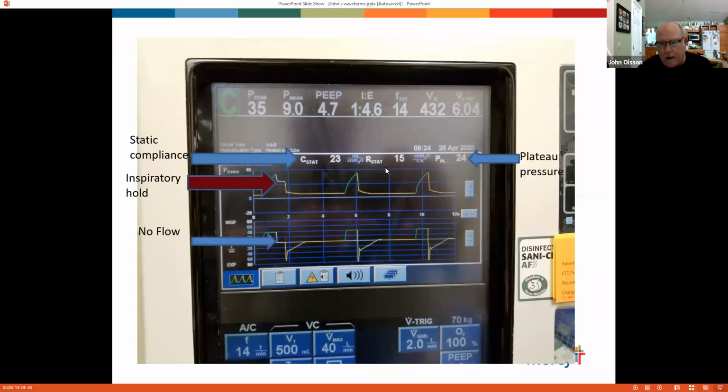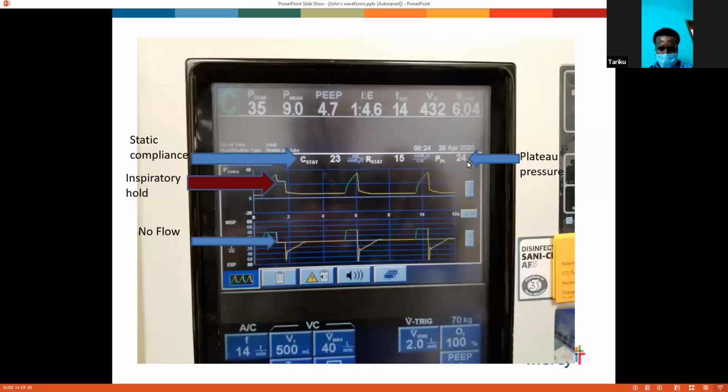You and I again are about 80 to 100 milliliters per centimeter of pressure. So the easiest thing to look at is that plateau pressure, though. If you can look at that plateau pressure and you see that mils per centimeter of water, you and I are about 80 to 100 milliliters per centimeter.